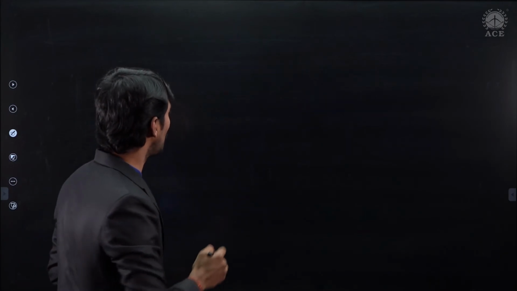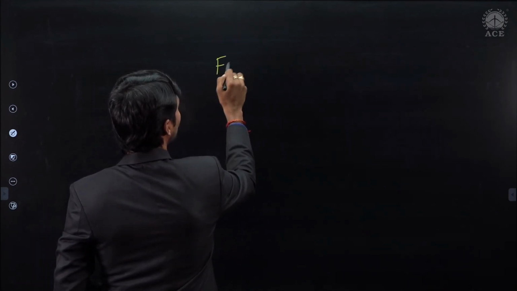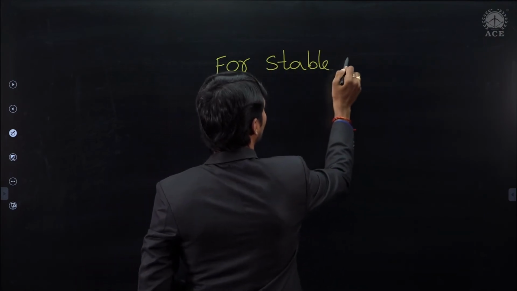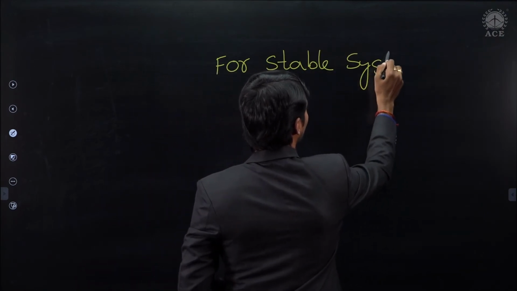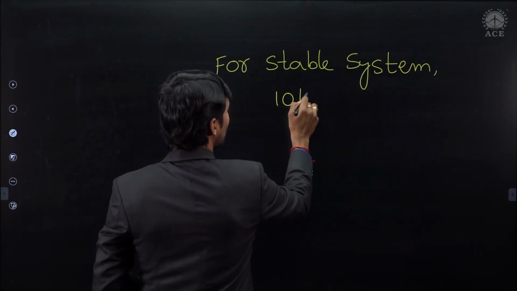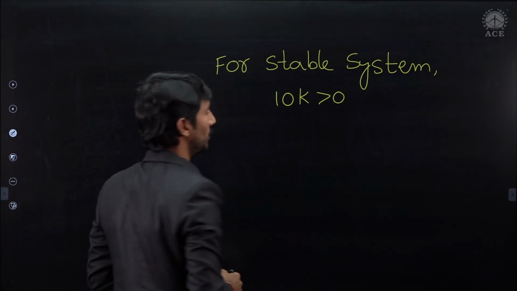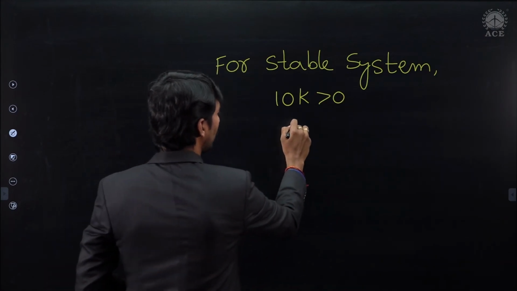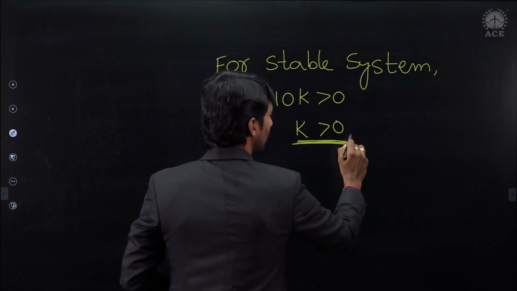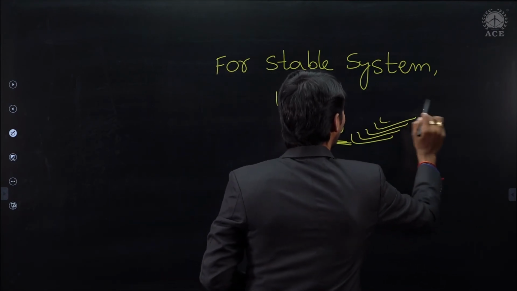So for a stable system, 10K must be greater than 0. Therefore, K must be greater than 0.